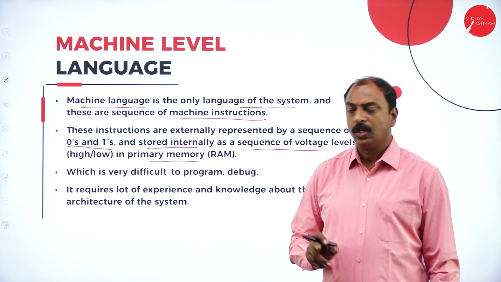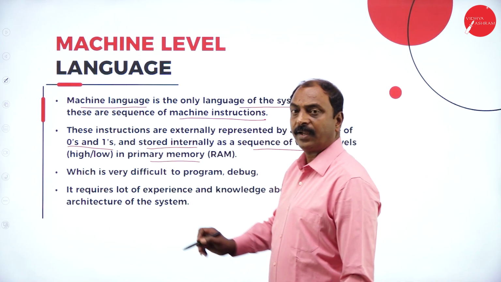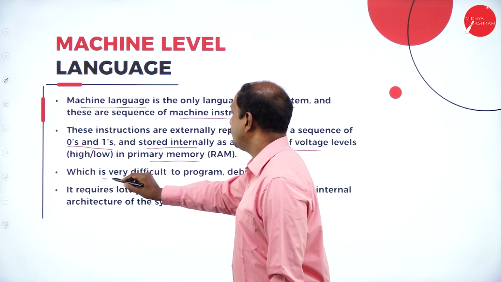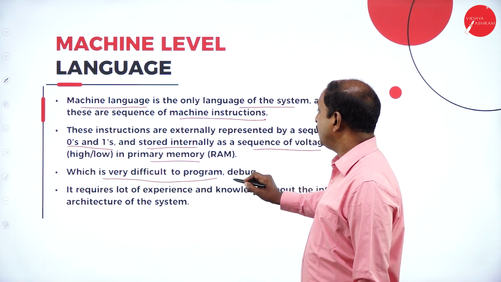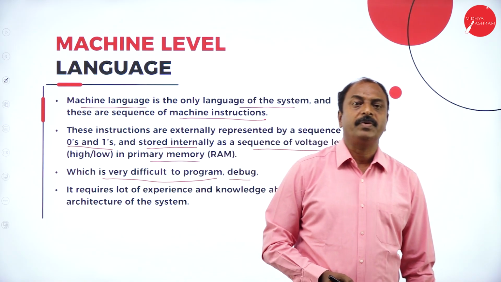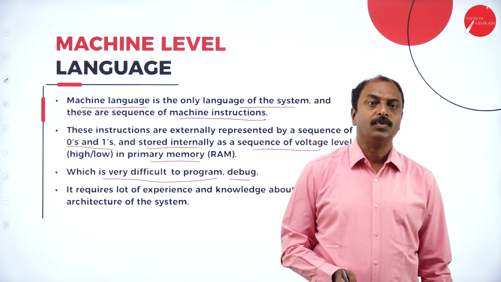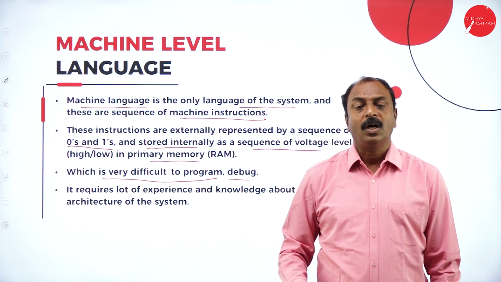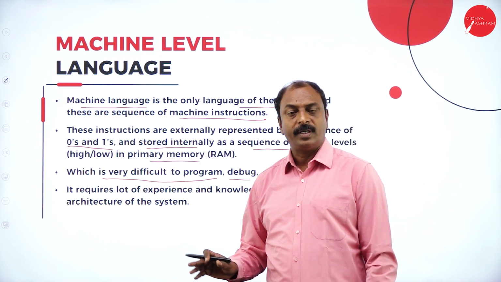And this machine level language, if you look at it, is very difficult to program and difficult to debug. A program written in machine level language will be very lengthy because it contains only sequences, or combinations, of zeros and ones.